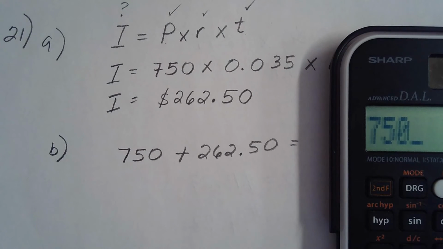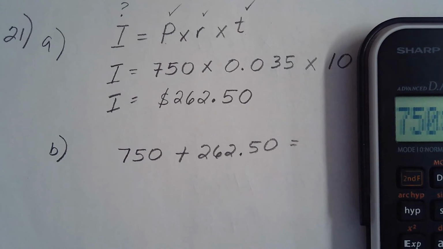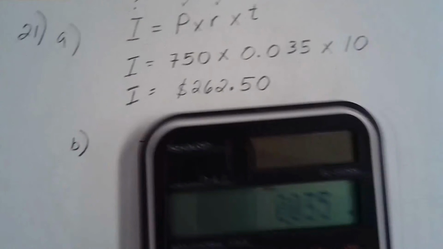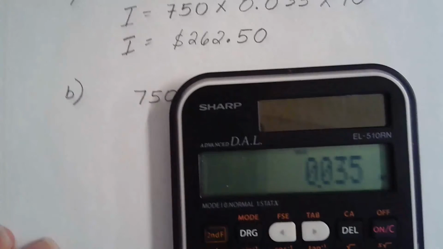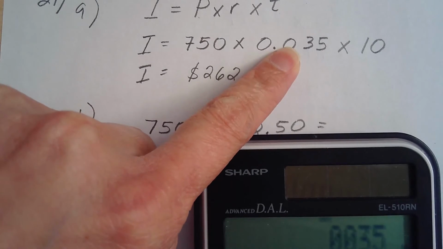Yeah, but it's 10 years though? Okay. So it's 3.5%, so 3.5 divided by 100. Let's see. That's your question over here. Okay.